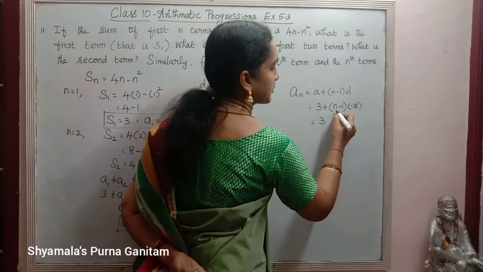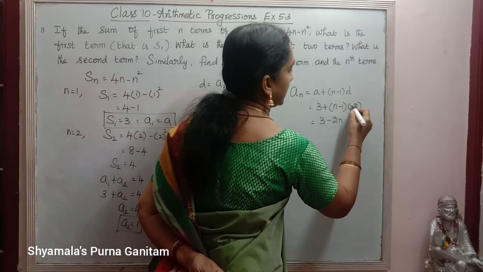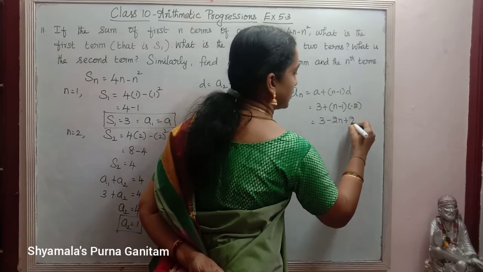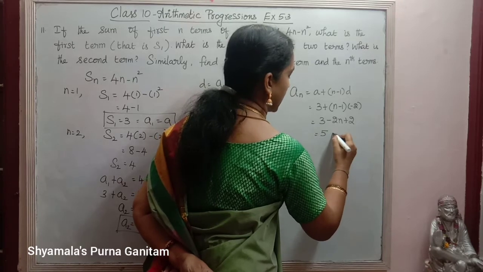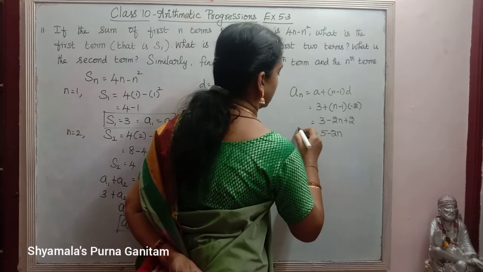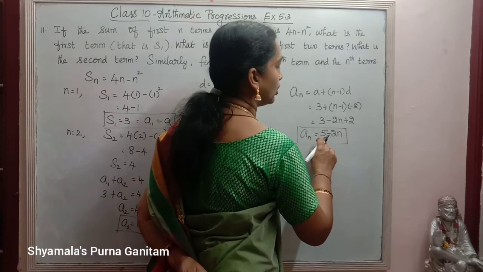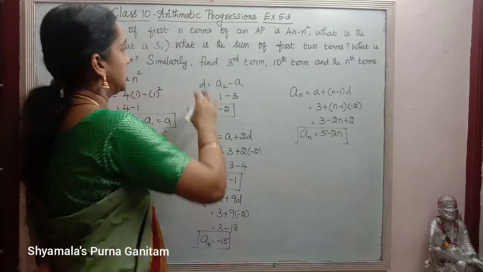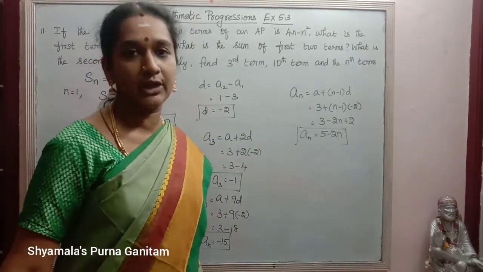When we multiply this minus 2 with this n minus 1, we get minus 2n, then minus into minus plus 2. So when we simplify this, 3 plus 2 is 5 minus 2n. So An, nth term we are asked to find. So An is equal to 5 minus 2n. So whatever they are asking us to find out, so everything we got.